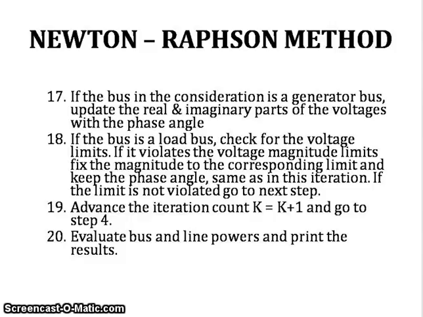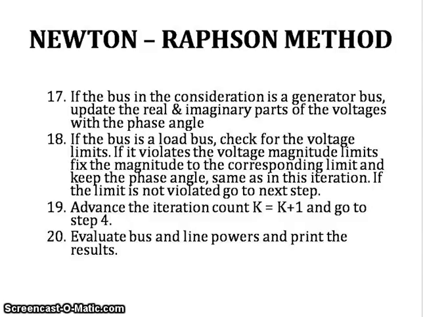If the convergence criterion is satisfied, we stop; if it is not satisfied, we find the elements of the Jacobian matrix. We solve for voltage angles and magnitudes, and update the voltage angles and magnitudes by adding the corresponding changes to the previous values. So this is the method.